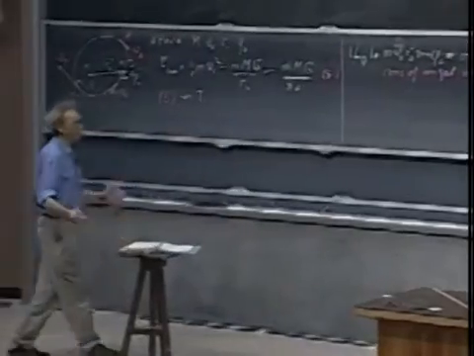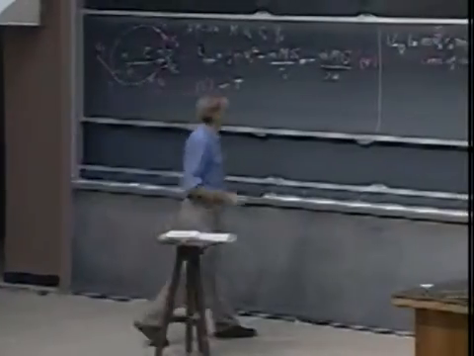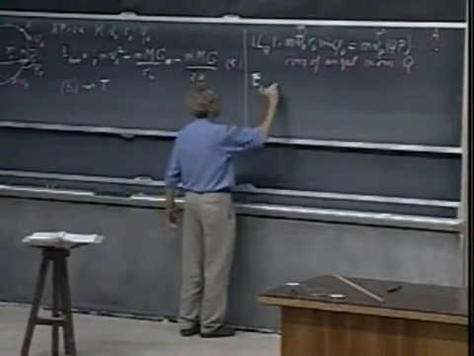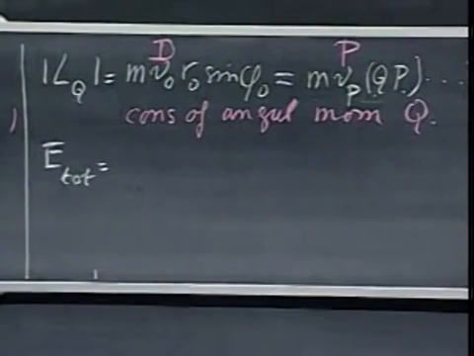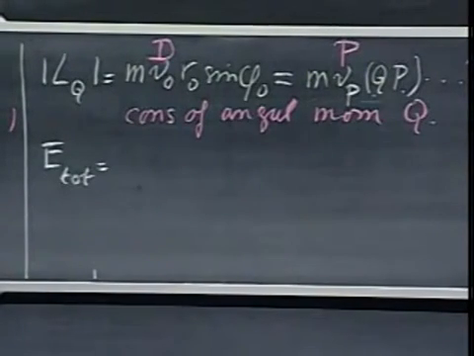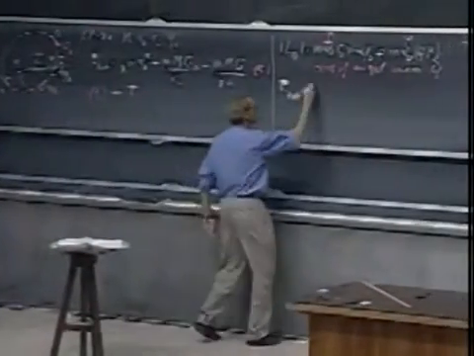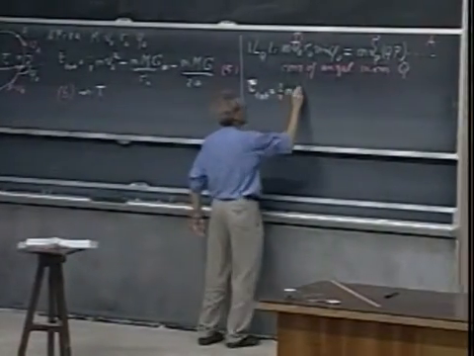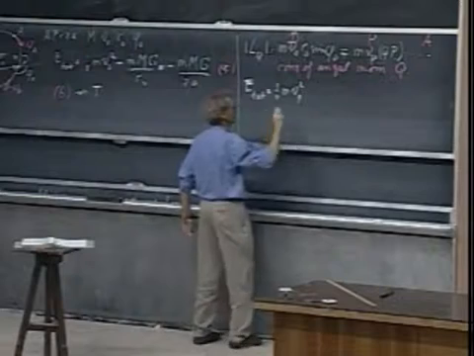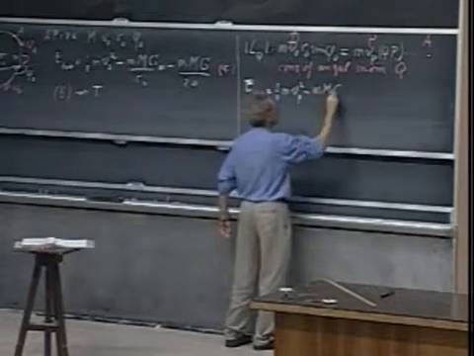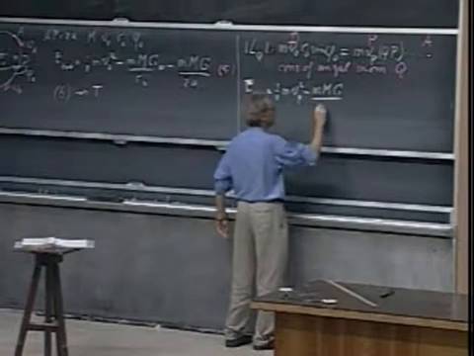We have also the conservation of mechanical energy. So now we can say that the total energy must be conserved, and the total energy, I do it at point P, equals 1/2 m Vp squared, that is the kinetic energy, minus m capital M G divided by the distance QP.